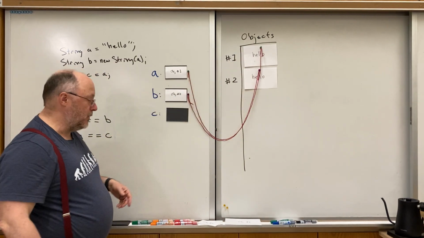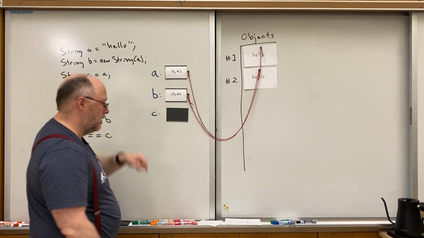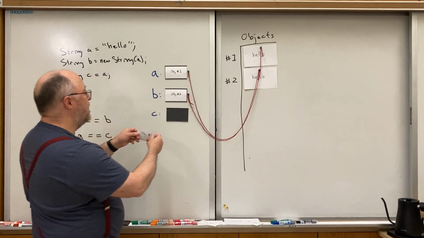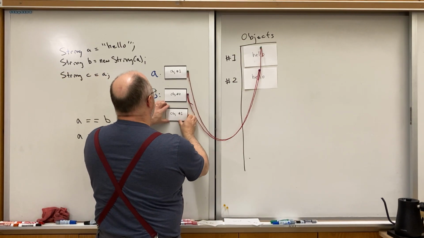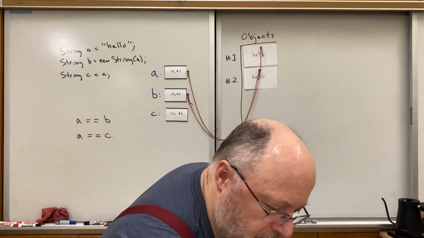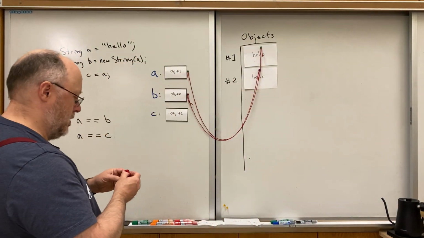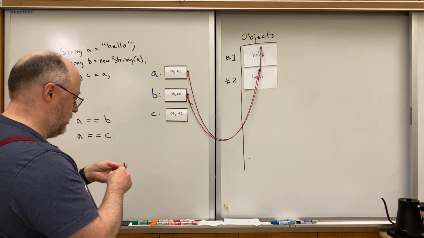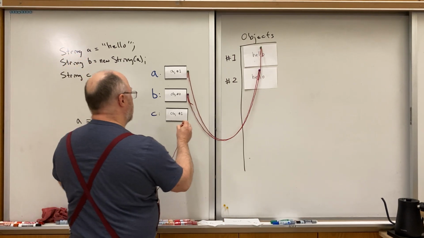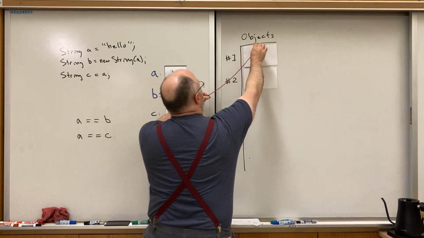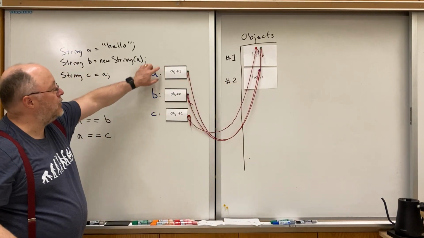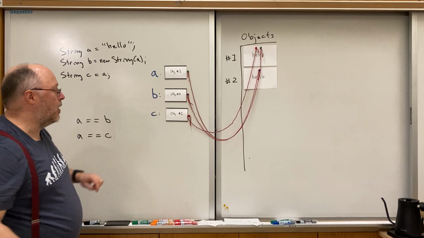We do exactly the same thing we did with an int, which is we look at this value, we make a copy of it, which I happen to have ready to go, and we just stick that copy into the variable C. So now we have A, B, and C, and I can get another piece of yarn here, and tangle it up, and point to object 1 just to show that we now have 2 references to the same object, object number 1, which we can also tell by seeing that there are 2 values that are references to object number 1.